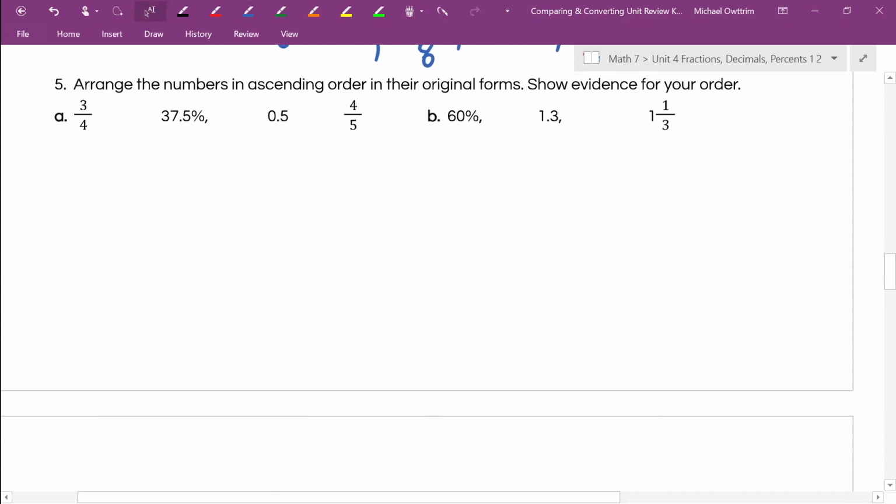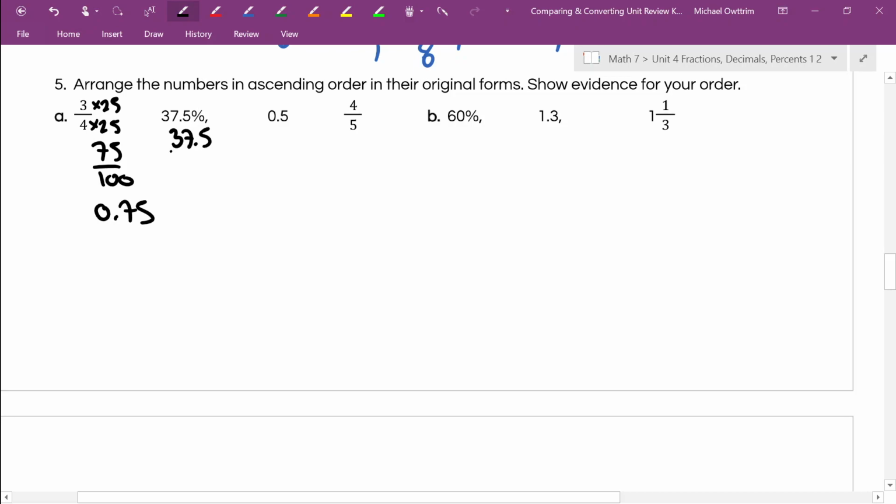Arrange these numbers in ascending order in their original forms and show evidence for your order. I'm going to again choose to use decimals for question A. Multiply by 25 gives me 75 out of 100, which is 0.75 as a decimal.